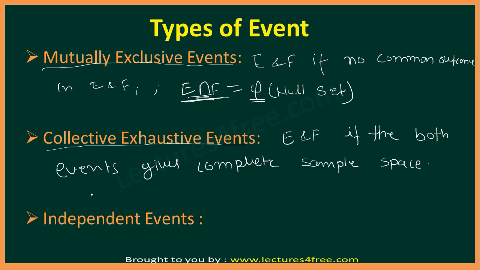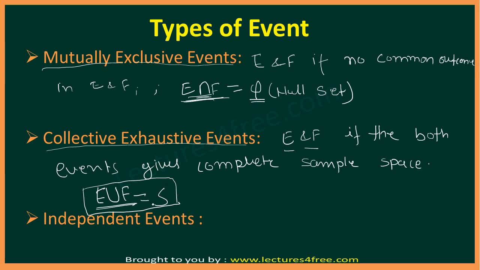It means E union F. It represents the outcomes of E as well as the outcomes of F, both combined together, and then it will give us the sample space S. We are representing the sample space with the letter S. So collectively exhaustive events means that if these both events combined together give the complete sample space, then these events are known as collectively exhaustive events.